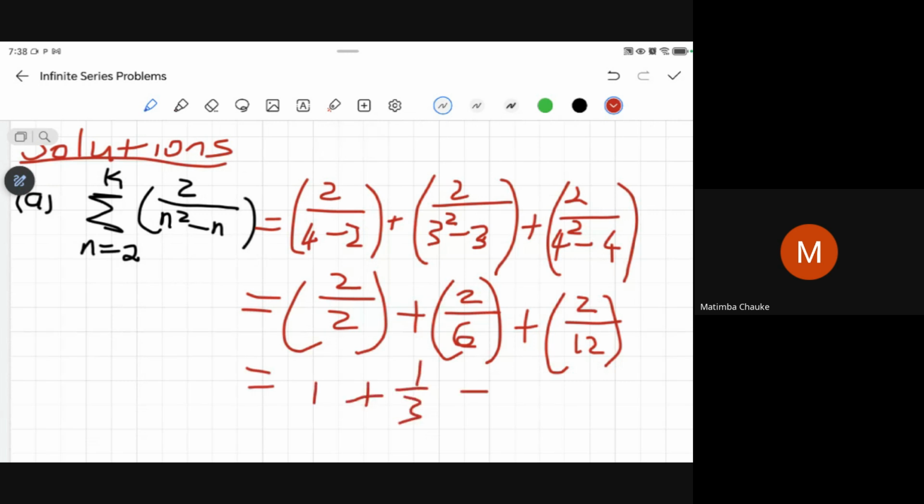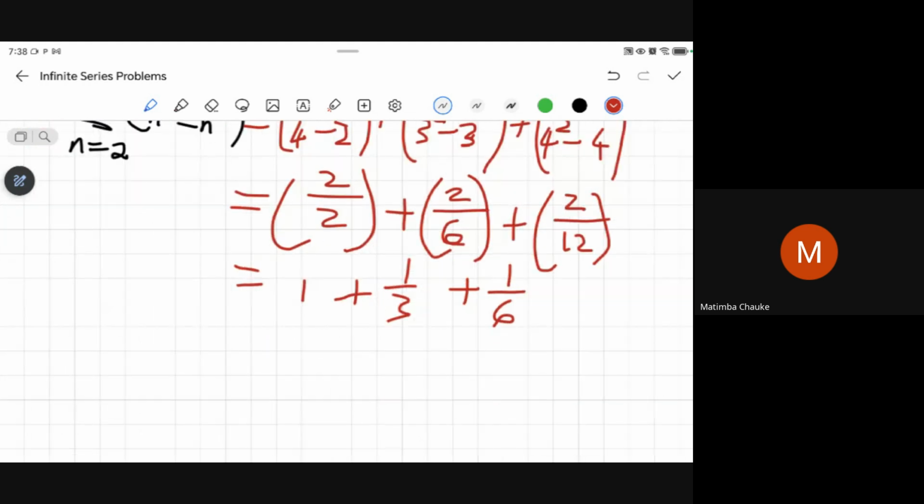This is 1, 1 over 3, 1 over 6. So if I divide, let's say, I'd get 1 over 3. Then I divide 1 over 6 by 1 over 3. Is it 1 over 2?